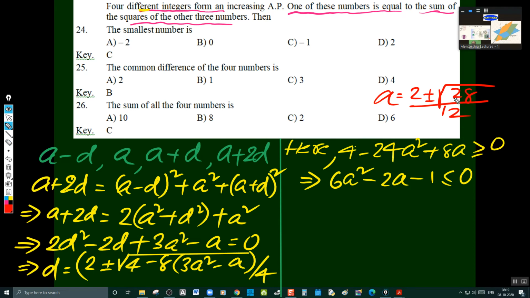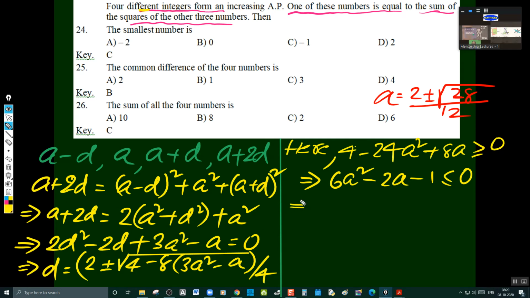You can take this 28 as 7 into 4, and root 4 is 2, and thereby that 2 comes out, it gets cancelled with the denominator, and the denominator remains 6.